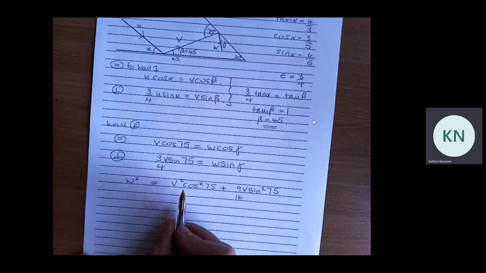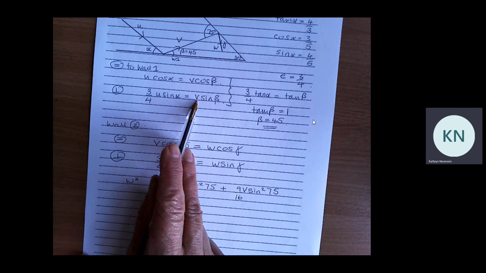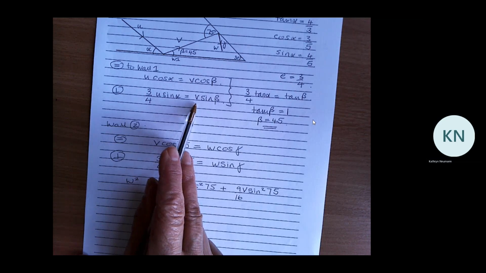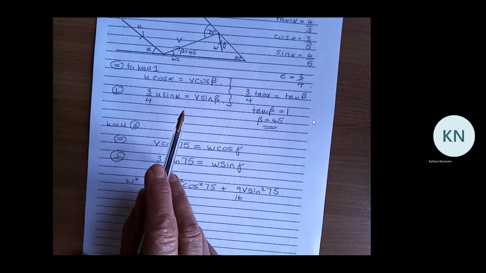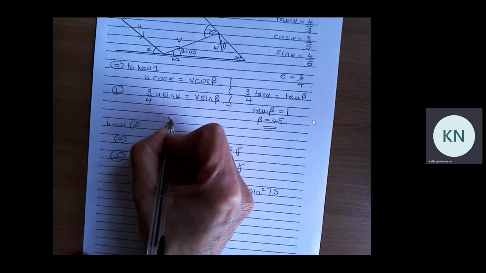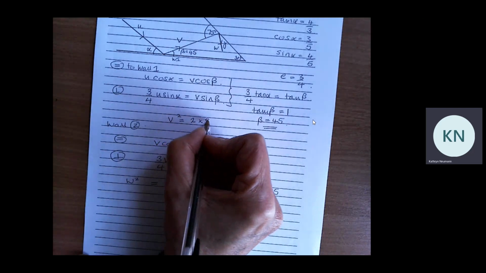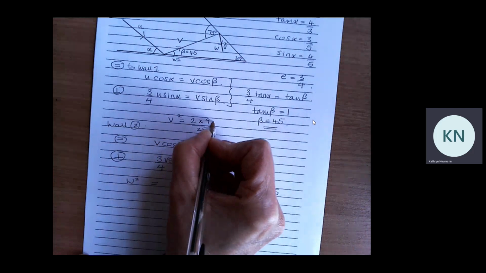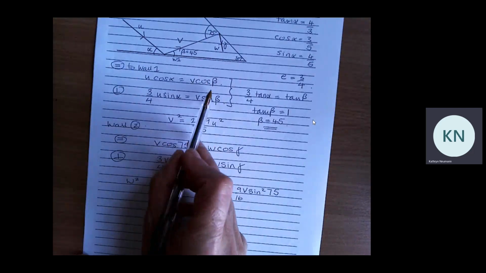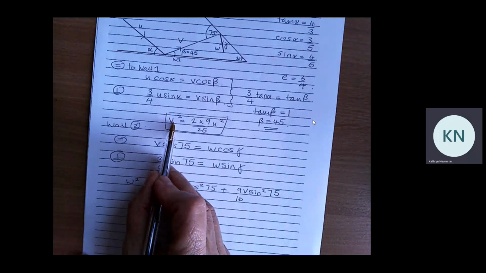So we now need to substitute in, we need to find out what V is equal to going back up here. If we look at these equations here, V squared is equal to 2 times 9/25 U squared. That's squaring and adding these two equations to find out what V squared is equal to.